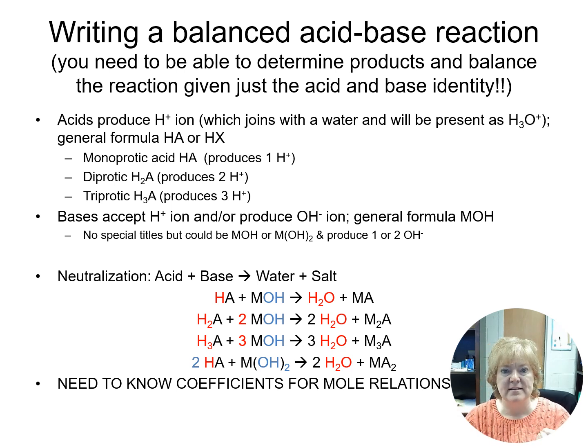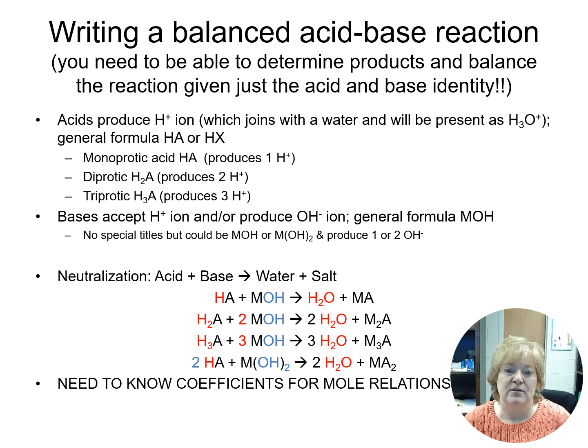So it's going to depend on, I have to have an equal number of H's and OH's. So if I have a monoprotic acid, HA, and a base with just 1 hydroxide, then it's going to be a 1-to-1 reaction. So it's going to make 1 water and then a salt.